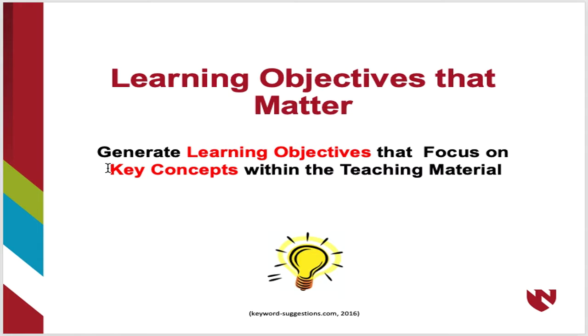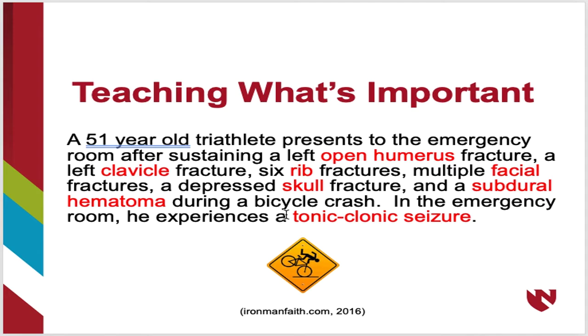If you take the last case, the tonic-clonic seizure, the key concept for that seizure is the presence of subdural hematoma and depressed skull fracture. So you're trying to figure out how these induced seizures, or what we call secondary seizures in the setting of some other lesion, are different from seizures that are present without any lesion.